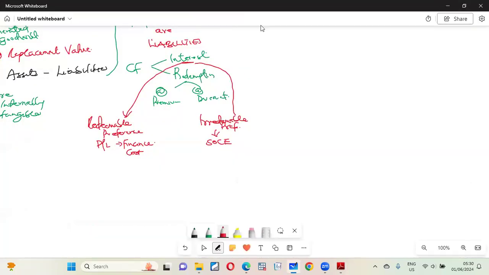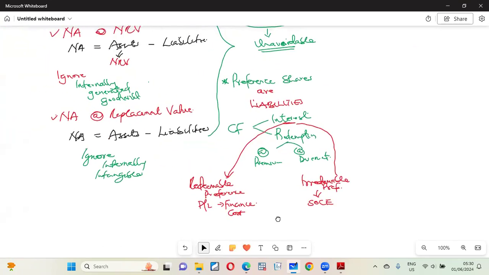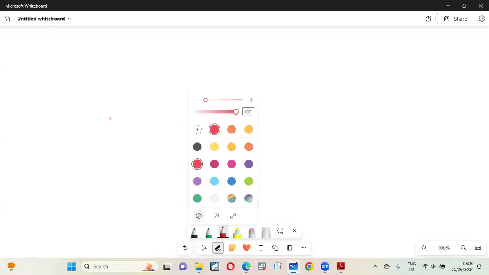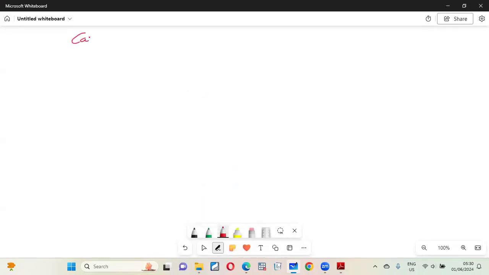The other methods, which are the income-based methods. So now we've learned 3 methods from the asset-based. Let's look at the other methods. The other methods will basically focus on, let's say, income-based. Or better still, let me start from the dividend valuation methods. So we have the money-based methods, what we call the cash-based or income-based methods.